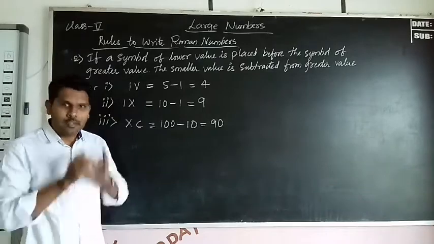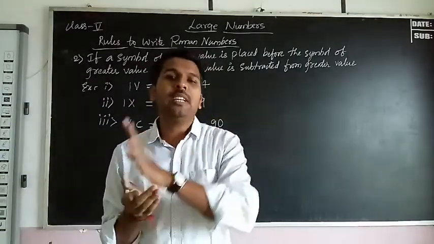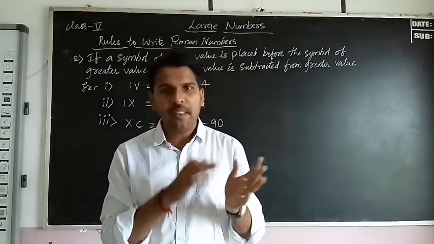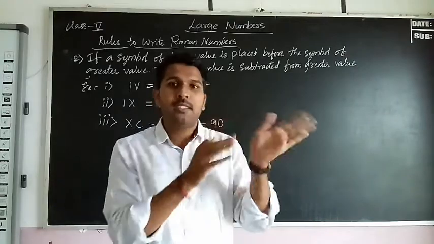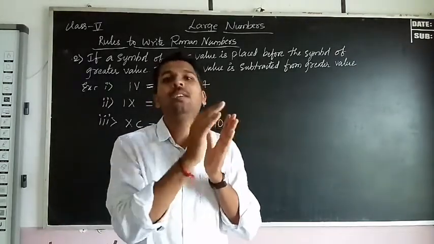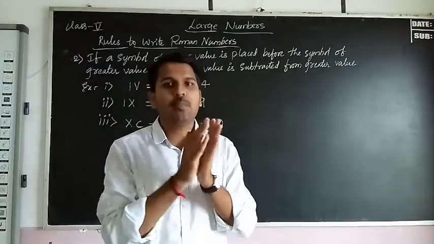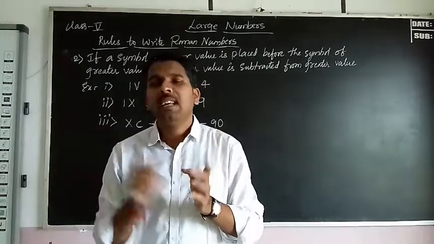Okay. So first, when you observe any Roman number, first observe the greater value. After that, see the smaller value where it comes, placed after or before. If it is placed before the greater value, you have to subtract. If the smaller value is placed after the greater value, you can add numbers.